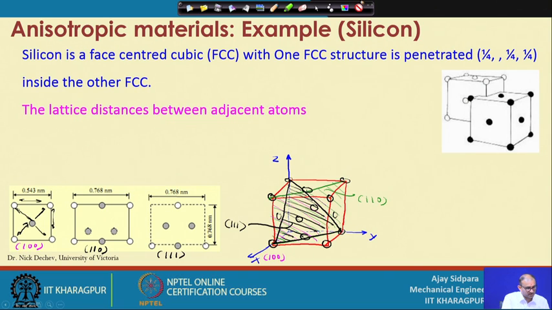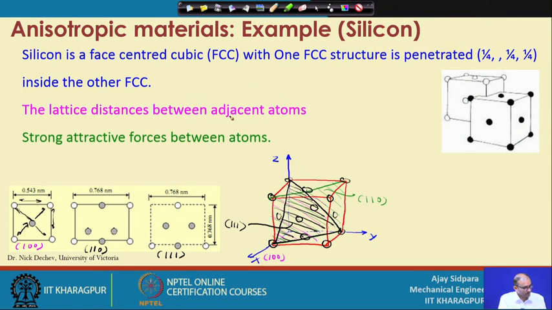So, that is the first thing: strong attractive force between the atoms. So, if atoms are located very close to each other, they are strong. Strong attractive force means that they are located close to each other.